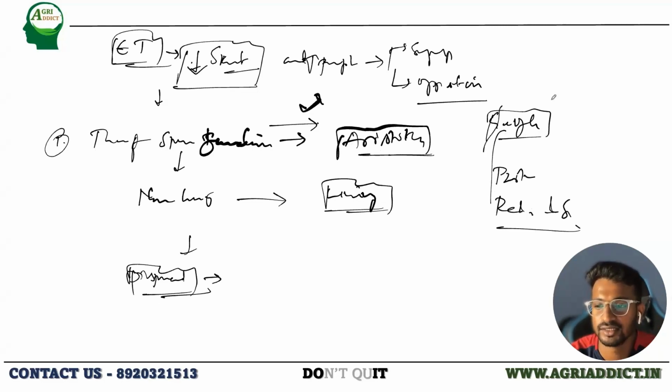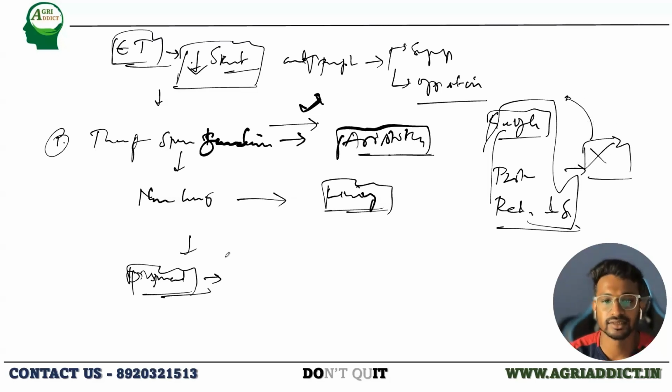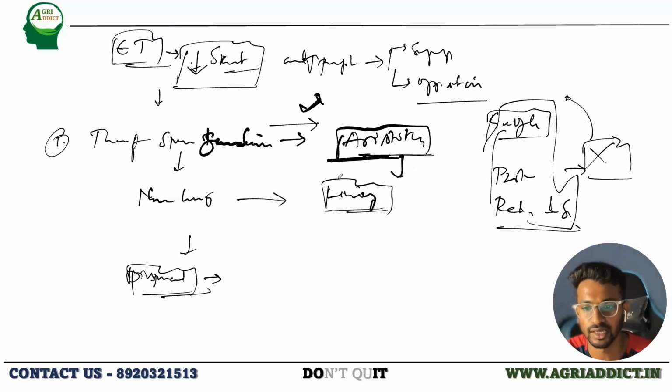But these are the scientists who actually provided experimental proof against the spontaneous generation theory. It was initially proposed by Aristotle, and there were many supporters for this theory. One of the most important names is Aristotle.